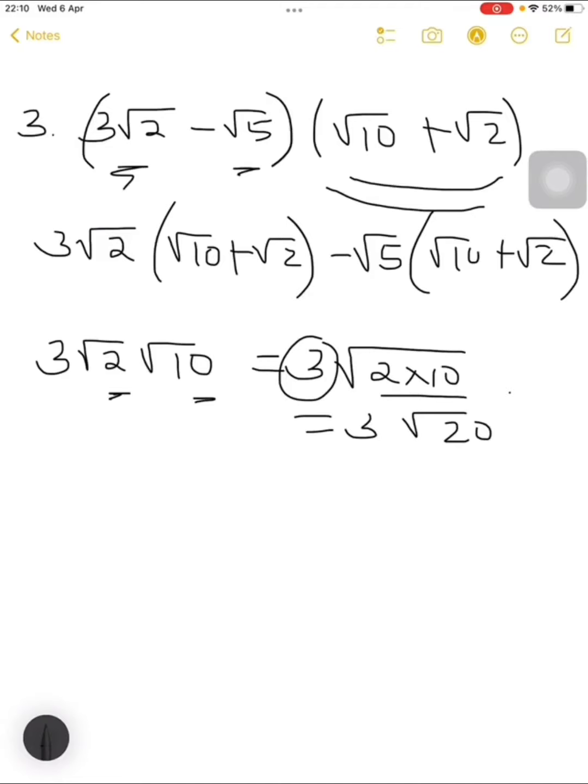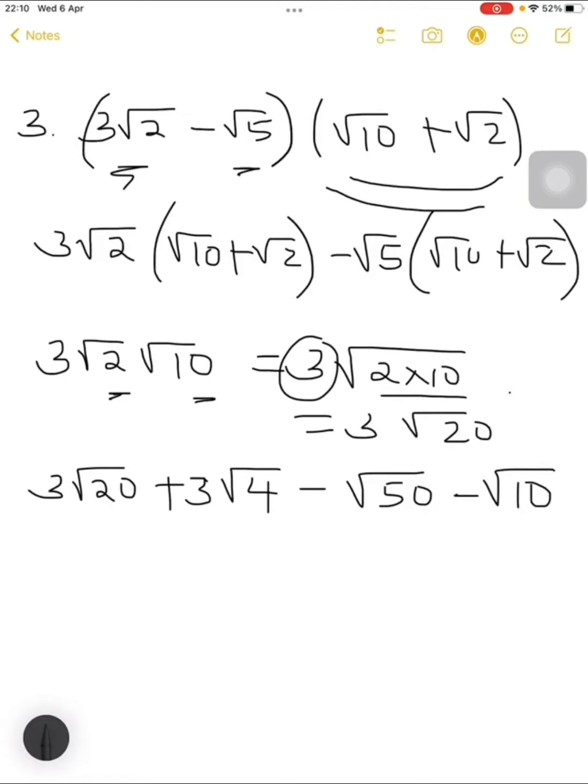So when we remove the brackets, we are going to have 3 root 20 plus 3 root 4 minus root 50 minus root 10, right? Okay, so we can simplify further these ones because we know the square root of 4 is 2.